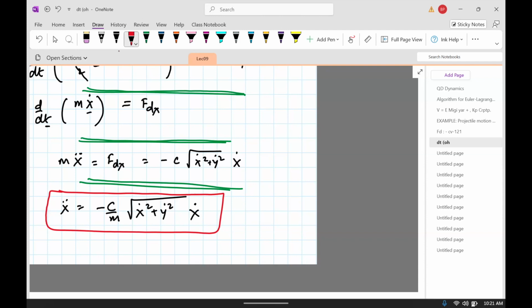So let's compute the second equation. For the second part, here q_j is y.